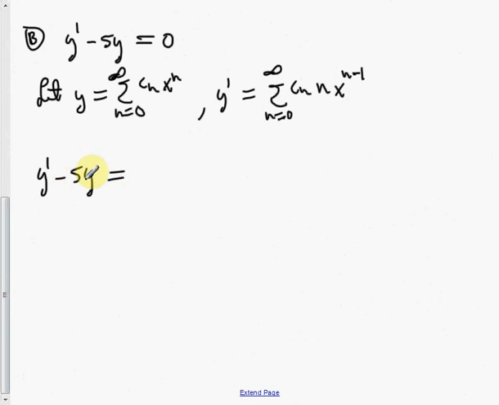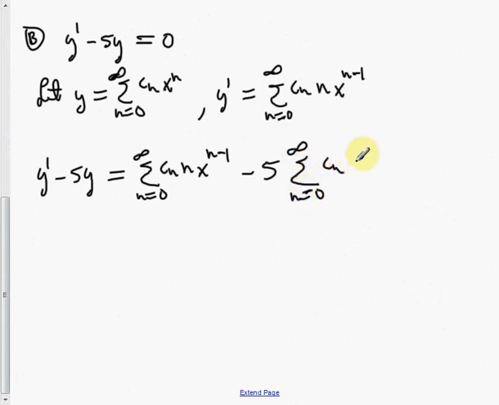That's equal to the summation as n goes from 0 to infinity of c sub n n times x to the n minus 1, then minus 5 times y, but y is the summation as n goes from 0 to infinity of c sub n times x to the n.